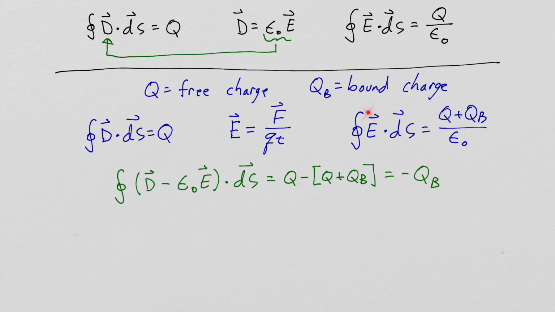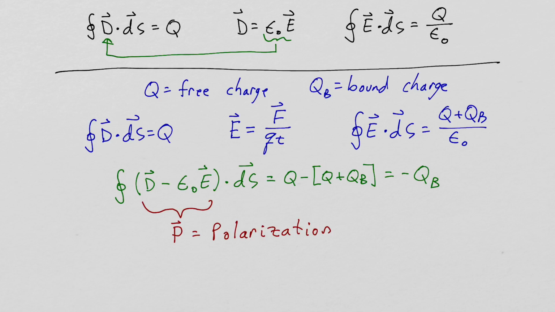We are going to multiply this expression by the permittivity of free space and then subtract it from this expression. On the left-hand side, we'll have the integral over a closed surface of D minus epsilon sub 0 times E, and that's going to equal minus the bound charge enclosed.